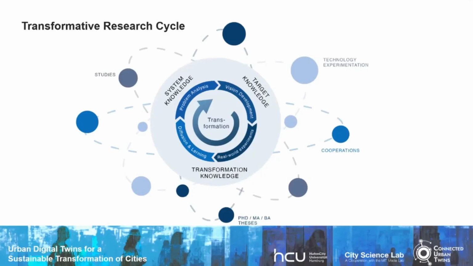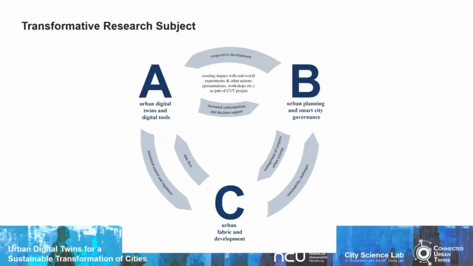In the concrete case here in Hamburg, we try to foster the sustainable transformation of the city with digital twins, and we try to use this very practice-oriented process to gain transformation knowledge. That means we try to answer the question: how can we foster sustainability with the help of urban digital twins?